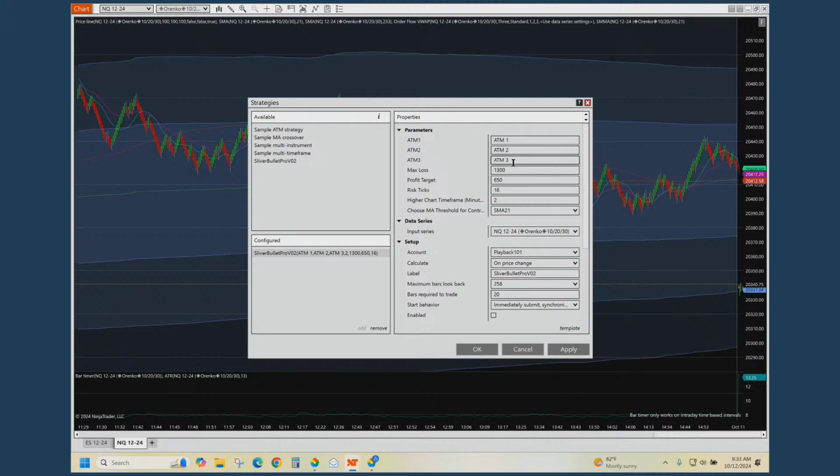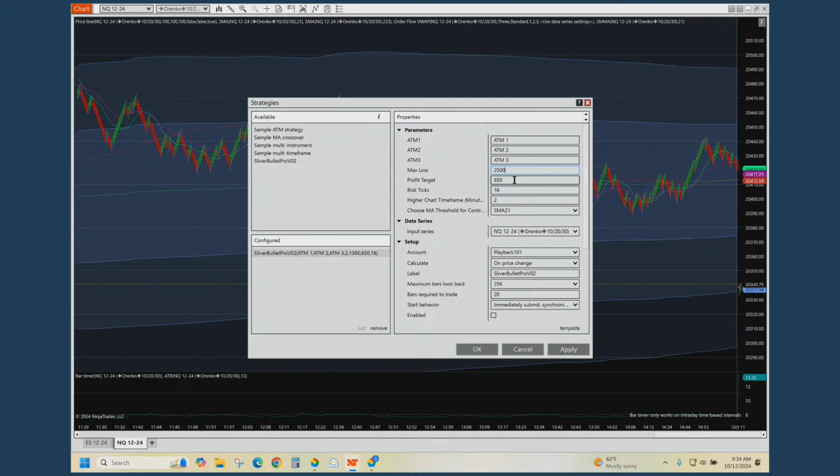Depending on your risk appetite, profit targets and loss parameters, you can decide which ATM to choose during your execution. And here we have a maximum loss and profit targets. So we can set these max loss parameters to a number that we wish.